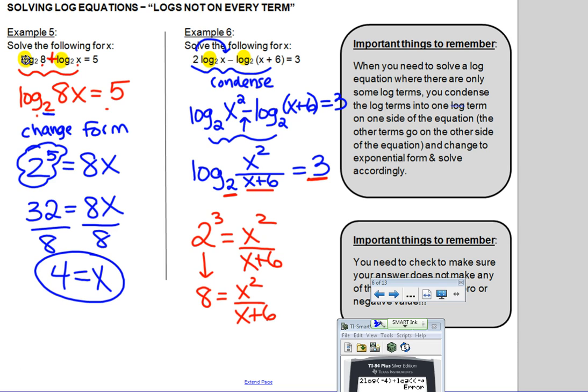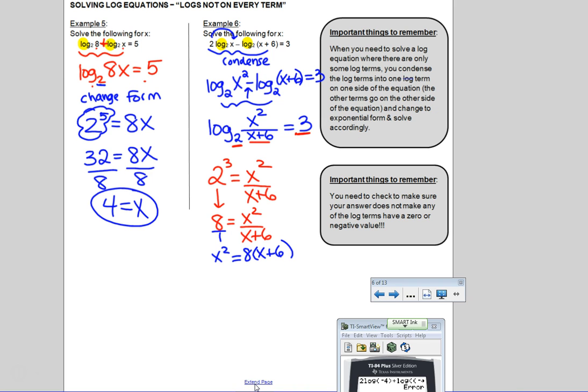Okay, now you're going to just solve the resulting equation like you've learned in the past. So if I put this over 1, I can cross multiply. x squared times 1 is x squared. Then you're going to do 8 times x plus 6. Solving this like normal, we're going to distribute.